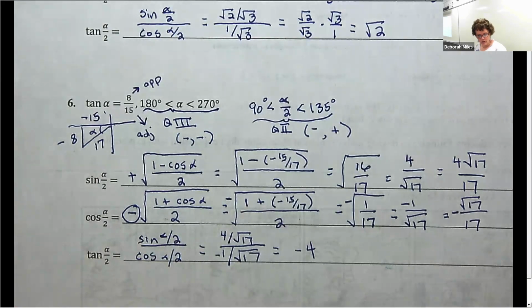Tangent of alpha over 2 is just going to be negative 4. Any questions?